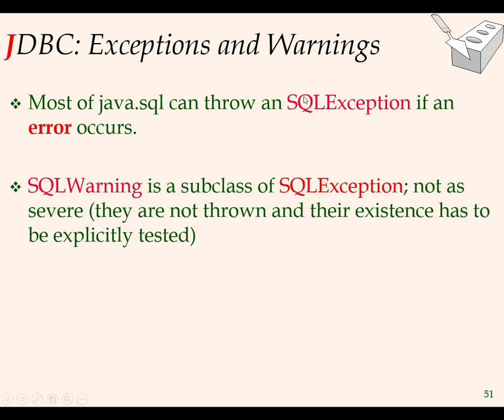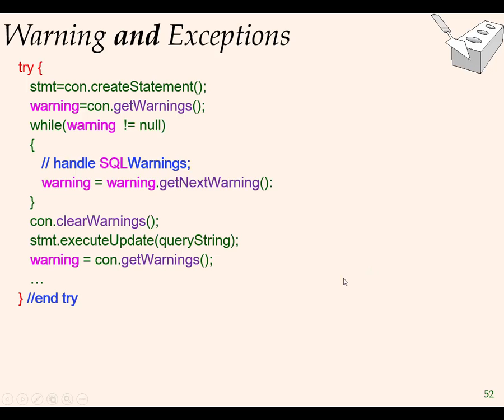Java.SQL also has the SQLException class and the SQLWarning class, which is a subclass derived from SQLException. And this is an example. Again, we are not going to use if error. We are going to use try, and I'll show you the catch block. For example, you create a statement, and you can actually get a warning. getWarning is the method you use while there's a warning, so you can go through the warnings.